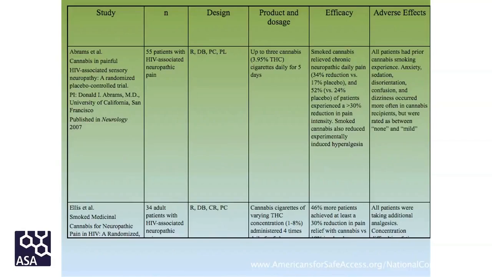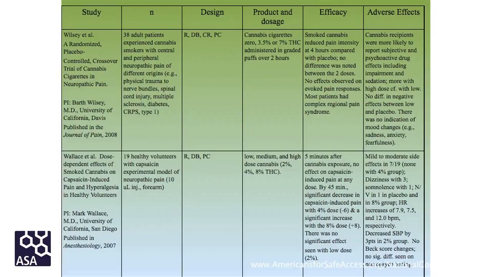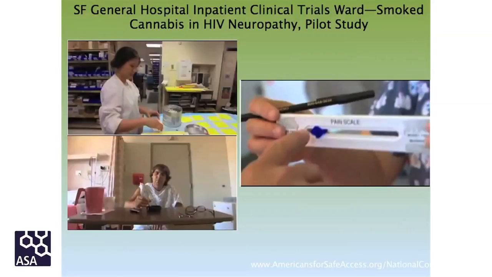And so we look at trials, the number of patients, how they're designed, efficacy, adverse events. I can't show you all the details, there are so many. But this is a picture of how the trials are done at San Francisco General Hospital Inpatient Clinical Trials Ward. You have a pharmacist dispensing the cannabis, a patient in a controlled setting consuming it with a puffing paradigm, and a pain scale, the visual analog scale, to tell you their pain score before and after.